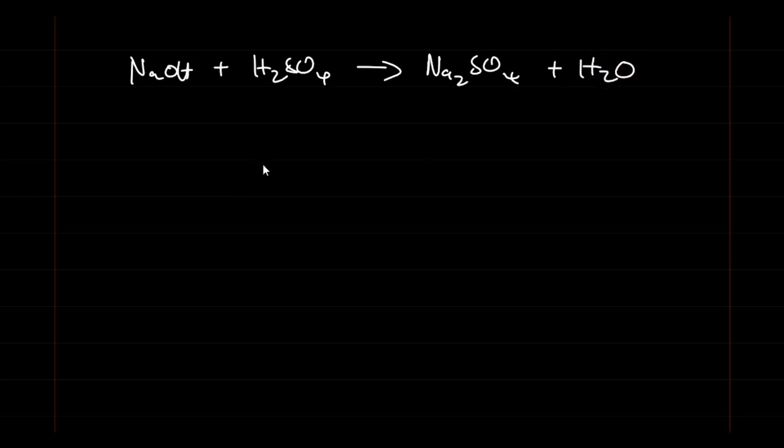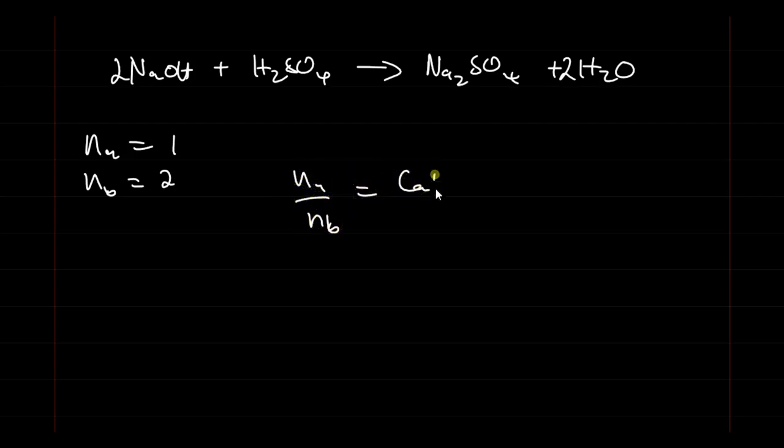Balancing it, for 1 mole of sulfuric acid we need 2 moles of sodium hydroxide, and we make 2 moles of water. So Na is 1 and Nb is 2. Our formula is Na over Nb equals CaVa over CbVb.